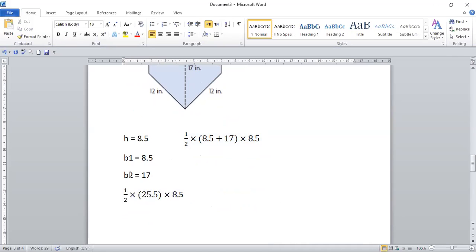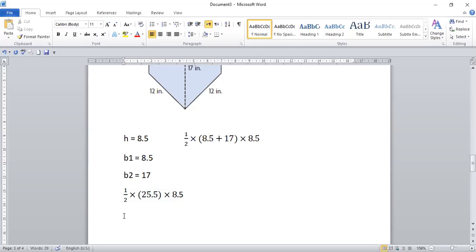Okay, so now either you find half of 25.5 or half of 8.5, or you can multiply 8.5 by 25.5 and then divide by 2 to find the answer.